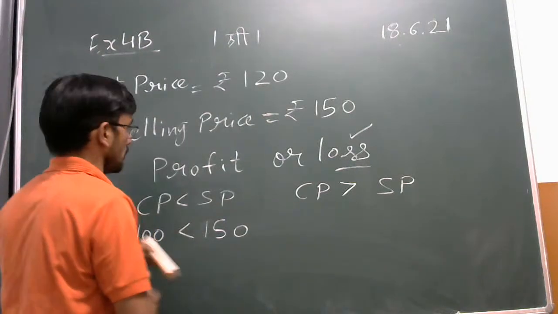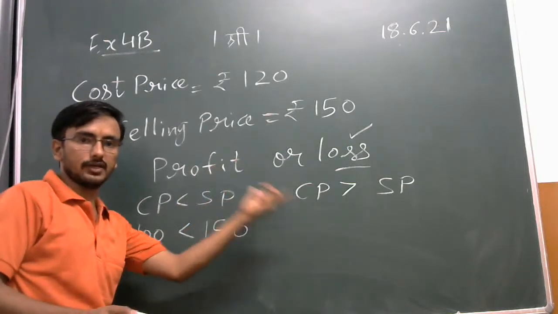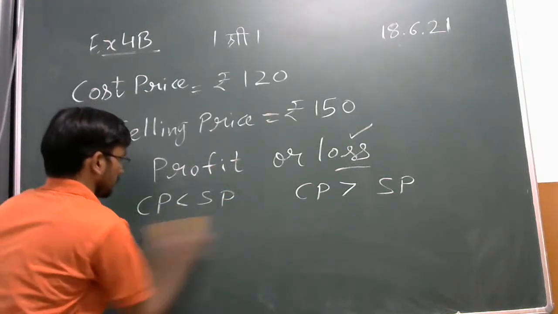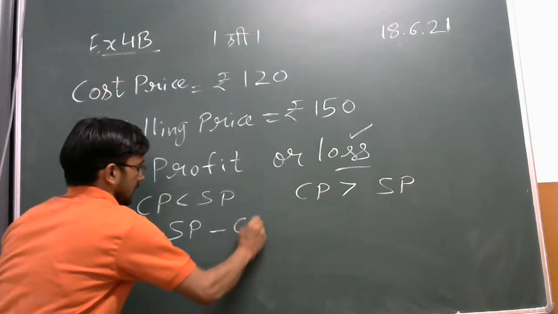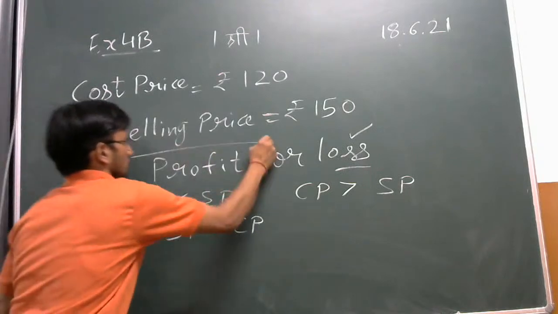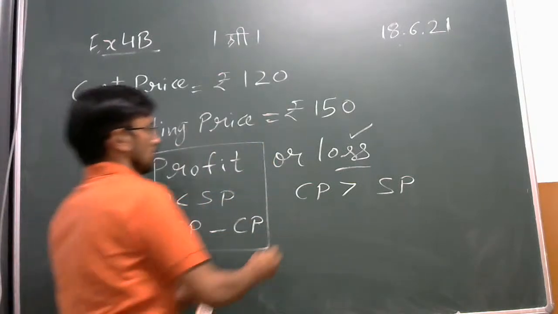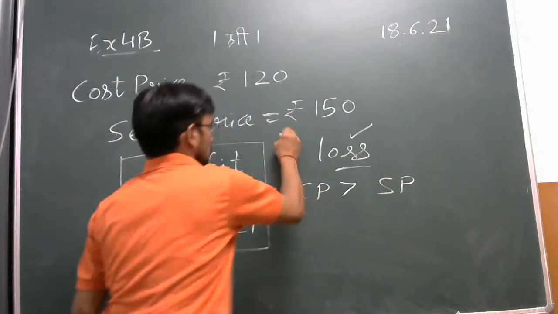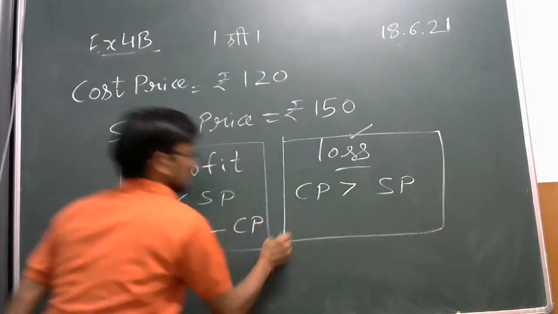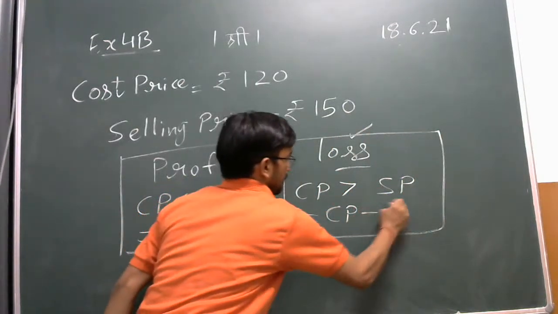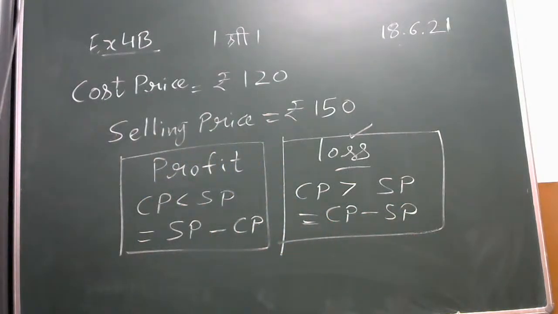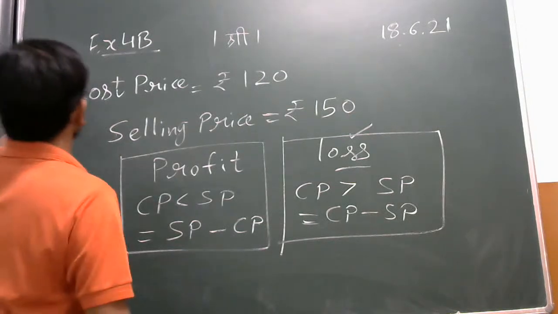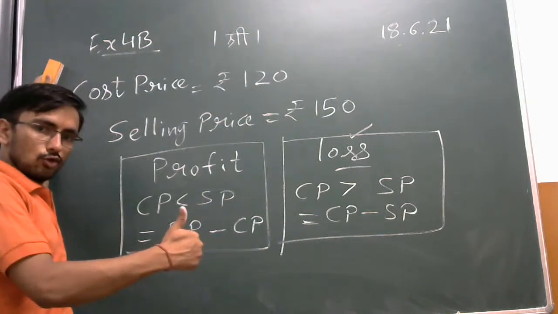Profit of 30 rupees. So I think you are getting it, profit and loss. Profit is when the selling price is greater, and the formula is SP minus CP. And when we face loss, we write it as CP minus SP. Very simple thing, profit and loss. Is it clear to you all?